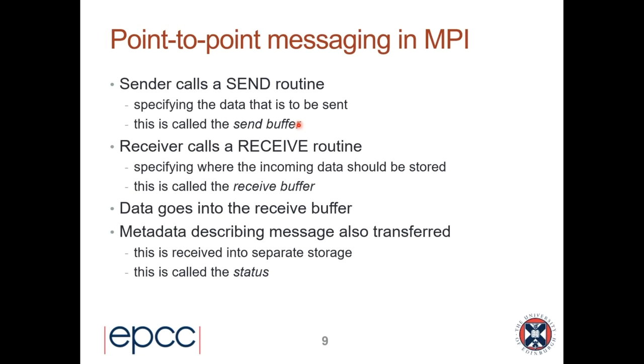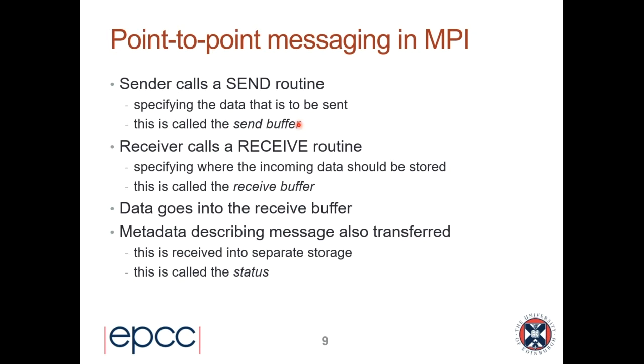The important point, though, is that metadata describing the message is also transferred. It's like the message envelope. It will include information, as we'll see later, like where the message came from and how long it is. This is called the status. When you send a message in MPI, you just specify a send buffer, and MPI constructs the metadata, the header information, for you.